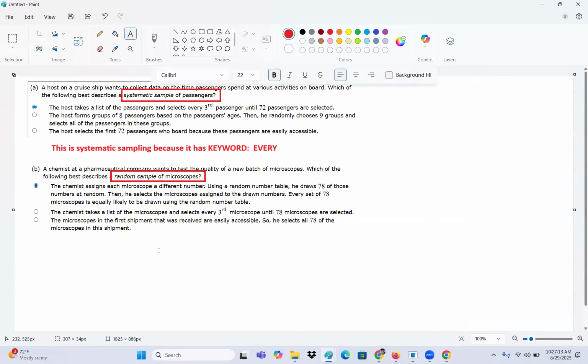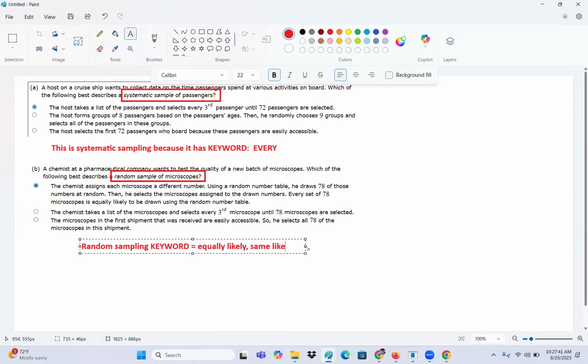Random sampling is usually followed by the words equally likely, because every single person has the same chance, the same probability, of getting selected. The keyword should be equally likely, or something similar like same likelihood.